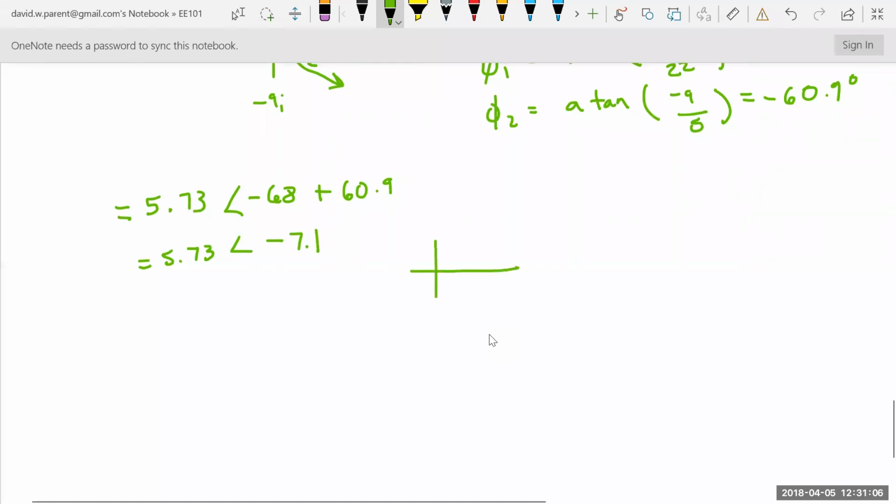All right, so we're going to have a magnitude and a small angle.